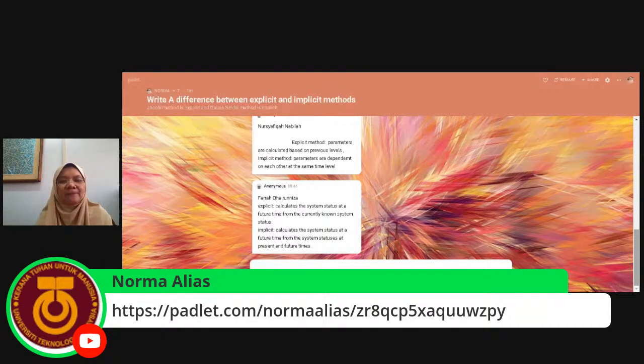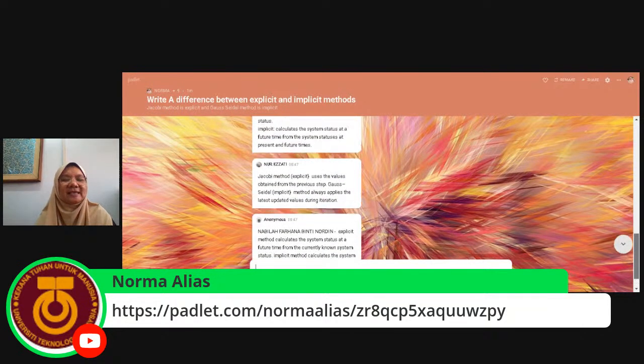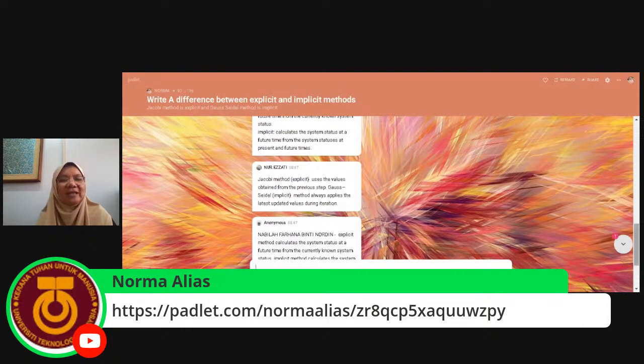Thank you very much. Another one is Nur Izati, who said that Jacobi uses values obtained from the previous step, while Gauss-Seidel, which is implicit, always applies the updated value during iteration.